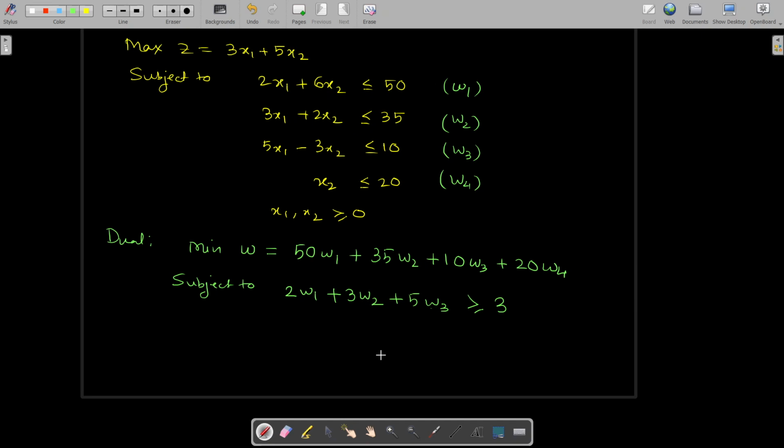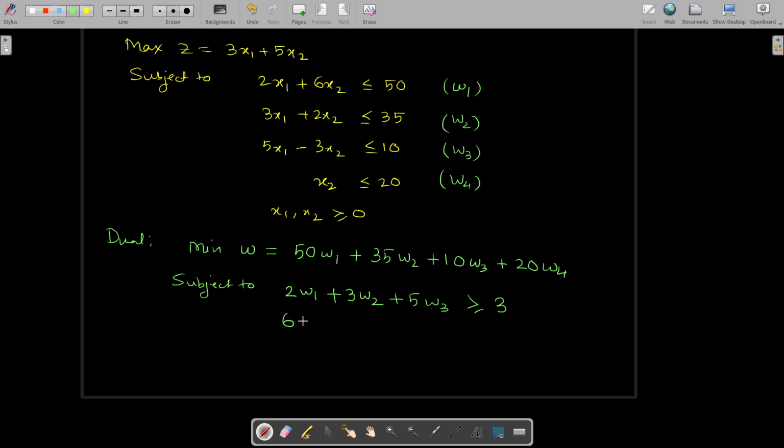Now similarly we will find the second constraint. So 6w1 plus 2w2 minus 3w3 plus 1w4, that means simply w4.